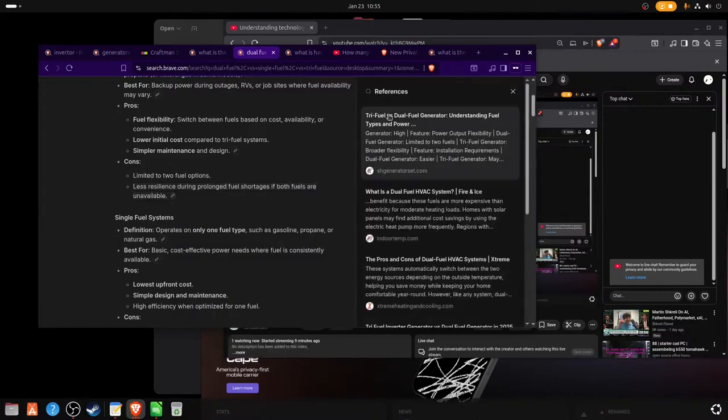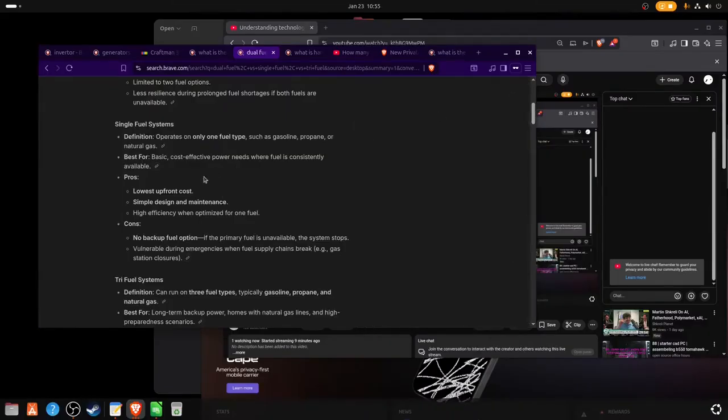We're gonna open that up. We're not going to open that up. I don't want to search through the source right now. Best for basic cost-effective power needs where fuel is constantly available. Lowest upfront cost, simple design and maintenance, high efficiency when optimized for one fuel.